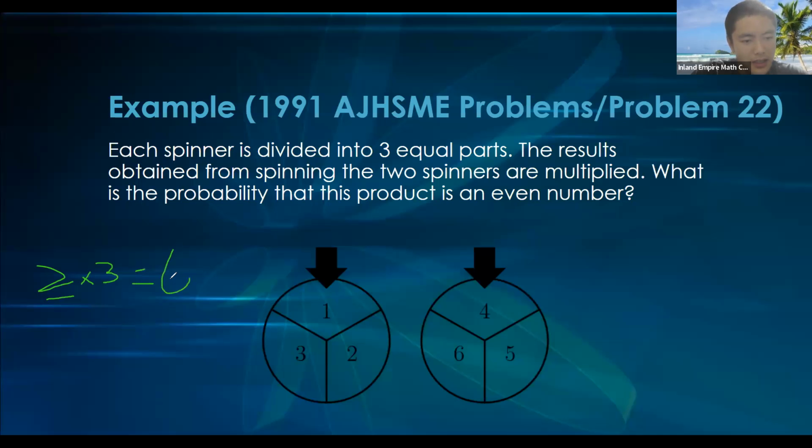It's 6. Or if I have 2 times 2, both of them are even, so the answer is also even. The only way that it won't be even is if both of them are odd. So 3 times 3, which is 9.